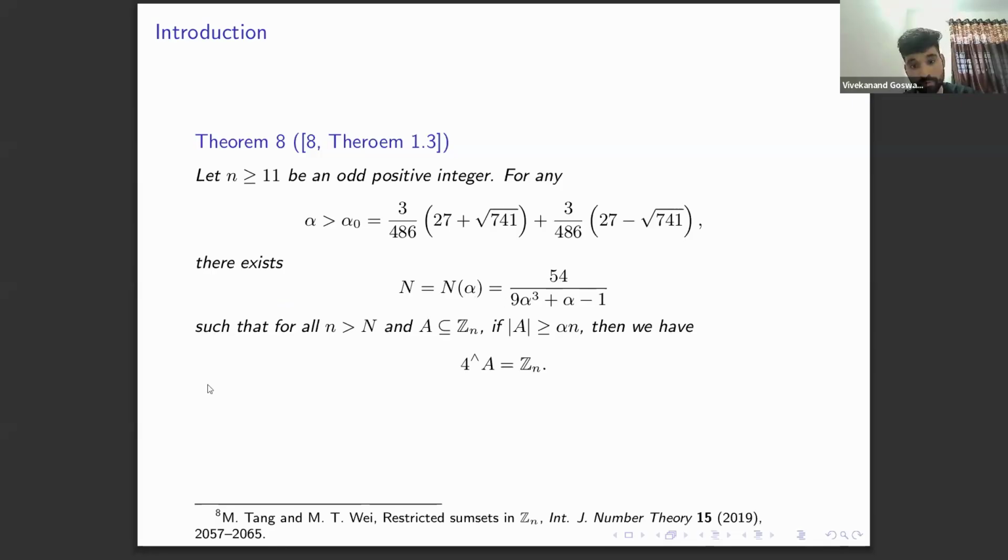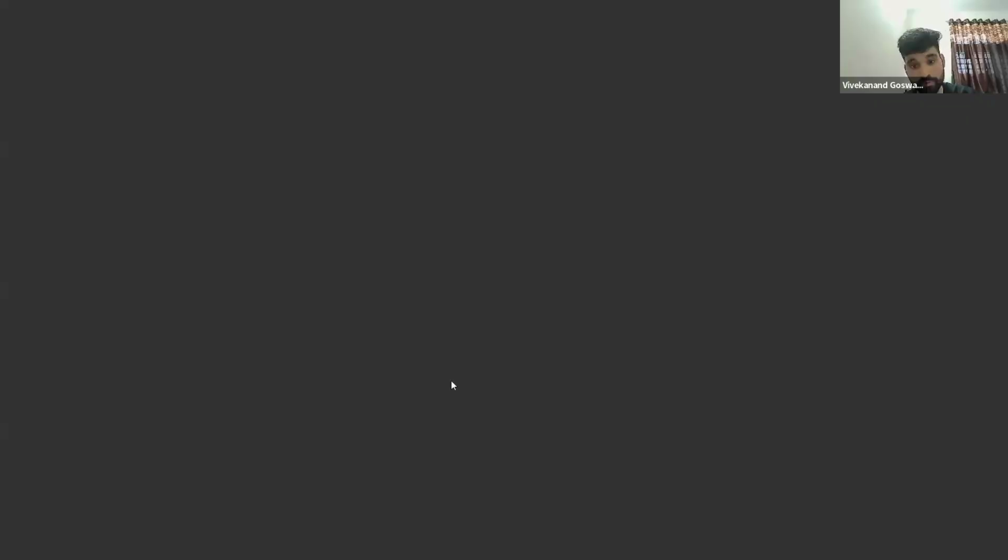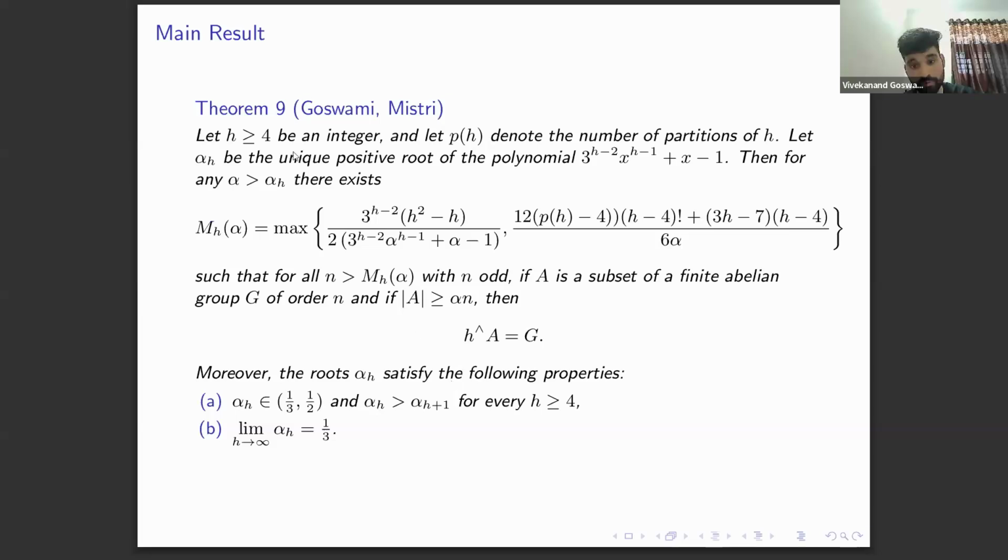For any alpha strictly greater than alpha naught, which is given by this expression, there exists N equal to alpha naught, which is equal to 54 by 985 q plus alpha minus 1, such that for all n strictly greater than this capital N and A a subset of Z_n, if the cardinality of A is greater than or equal to alpha n, then we have 4 hat A is equal to Z_n.